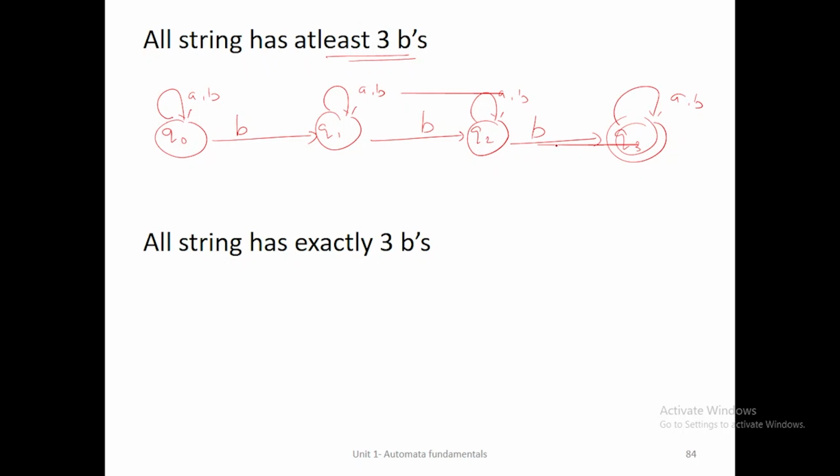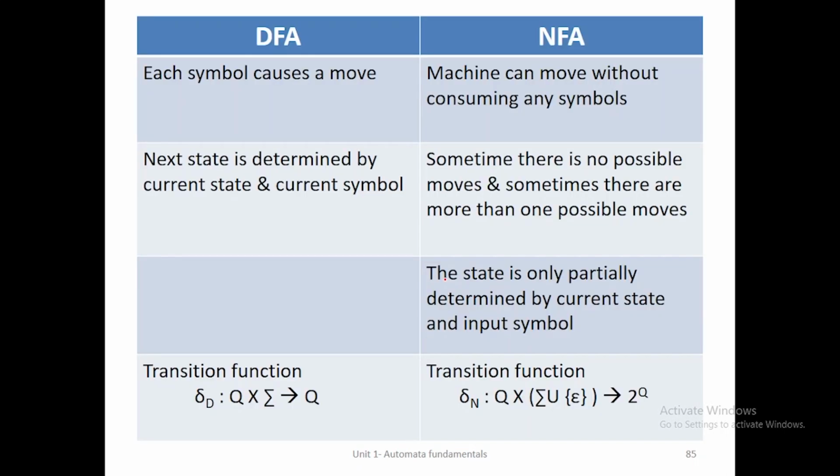So I draw the minimum 3 B's, and the maximum can be n number of B's. So in every self loop I put A and B. Exactly 3 B's is related to DFA because there is a specific condition. So you cannot put B as a self loop in all these 4 states. So the diagram of this NFA is the same as the DFA. This is the basic difference between DFA and NFA.